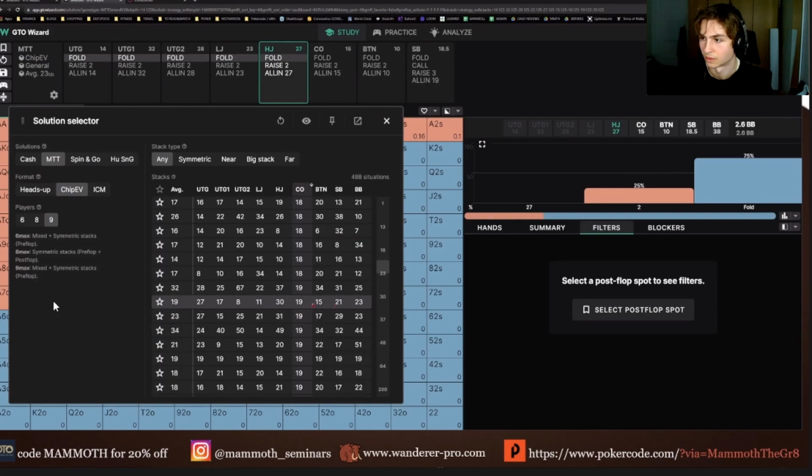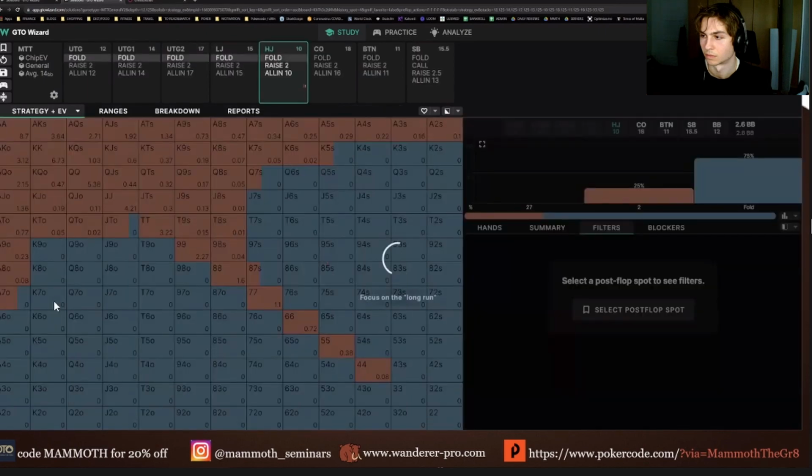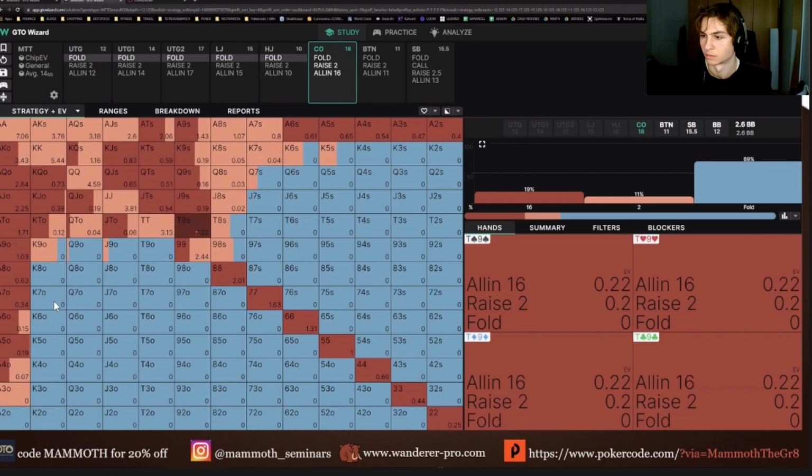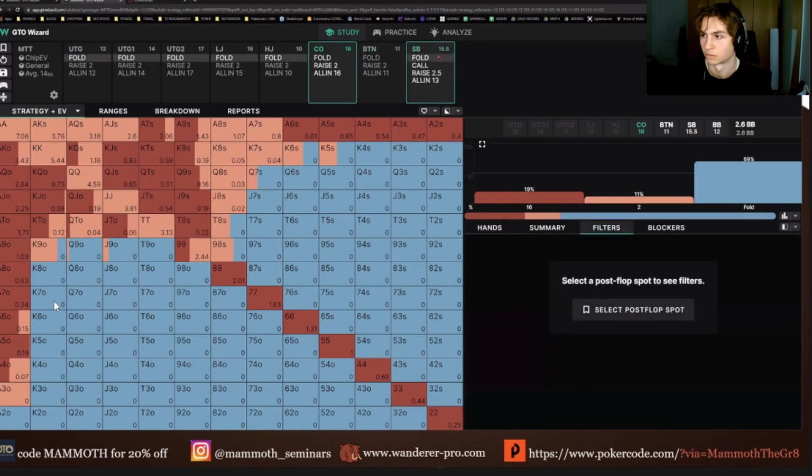Here, let's say we have 18 and there's 11, 16, 13. Then I can see some interest in building a jamming component on the cutoff, and this hand makes the cut. But you are covering everyone behind.